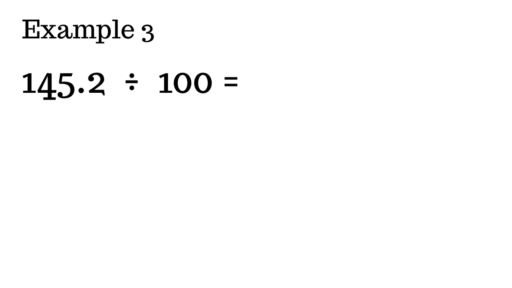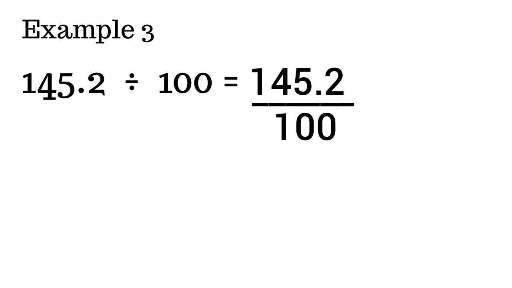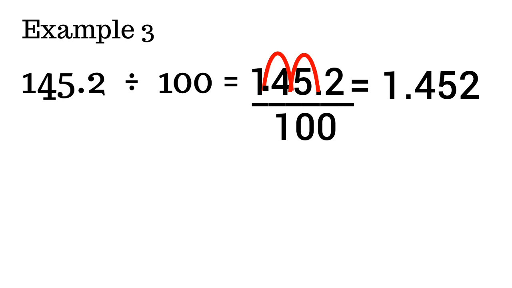Example 3. 145.2 divided by 100. We will write this as 145.2 over 100. Because 100 has two zeros, we will begin from where the decimal point is and count 2 times to the left. We count 1, 2. The answer is 1.452.